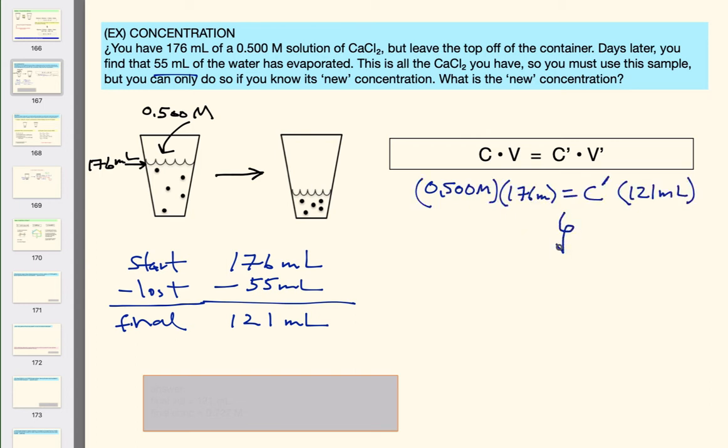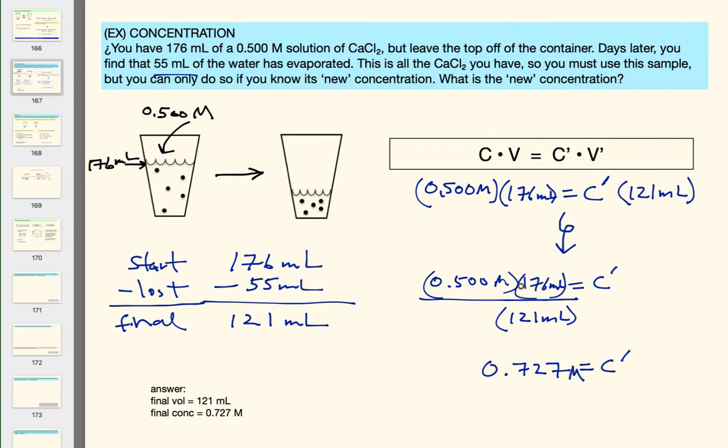Rearrange the equation and solve it. And so the final answer is 0.727 molar. What that means is you now can put a label on this container and use it for other calculations or other things because it's no longer an unknown.